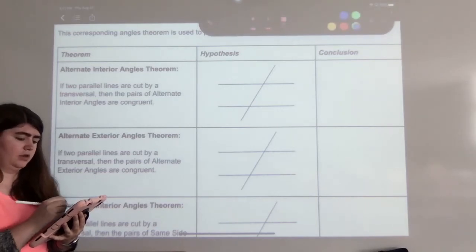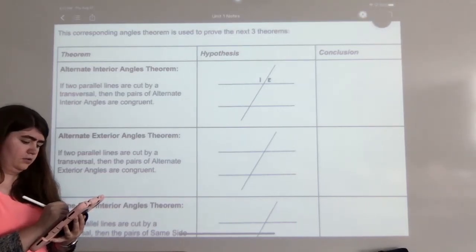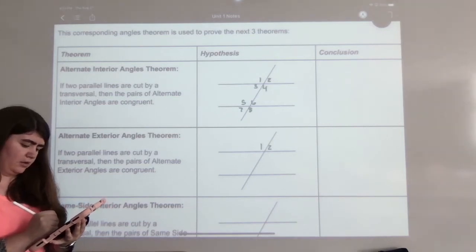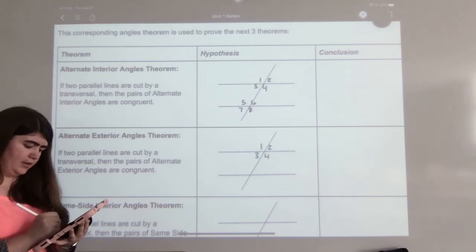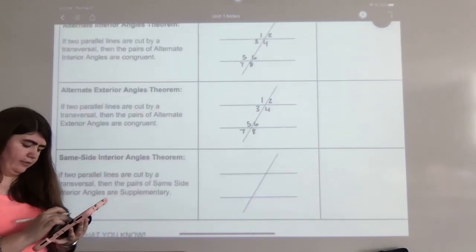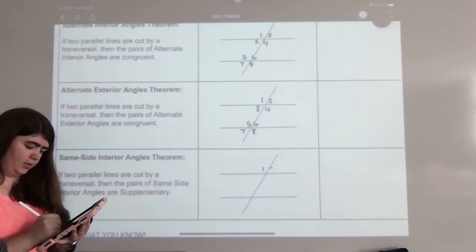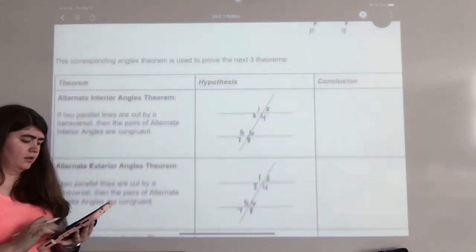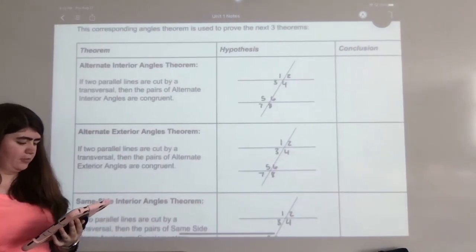So I have angles 1, 2, 3, 4, 5, 6, 7, and 8. I'm actually just going to go ahead and do this for all of the pictures real quick, so that we have these numbers pre-drawn as we go through here. Maybe should have just put them in there in the first place.